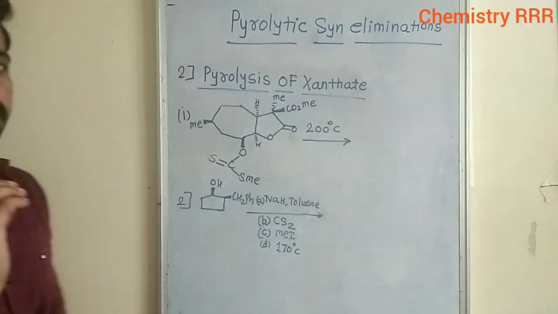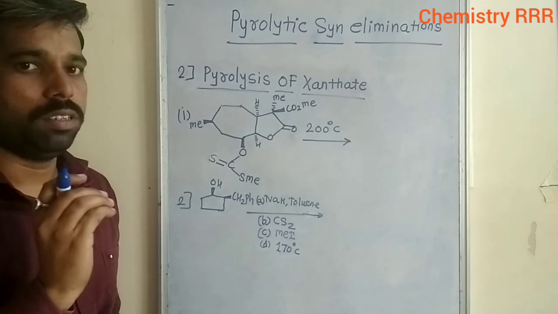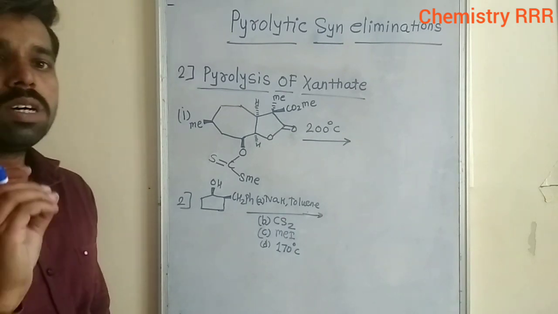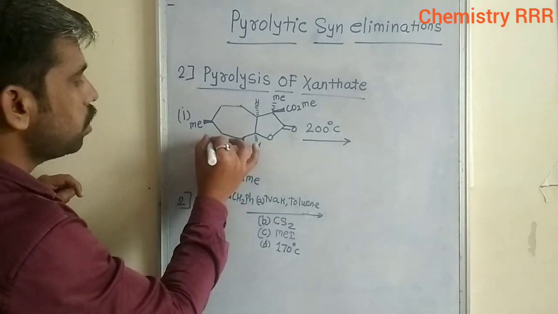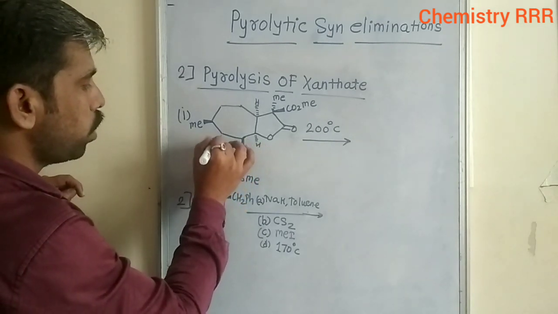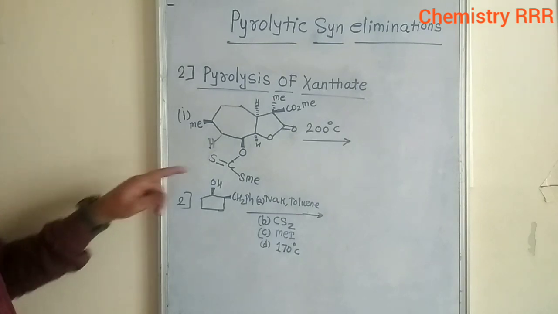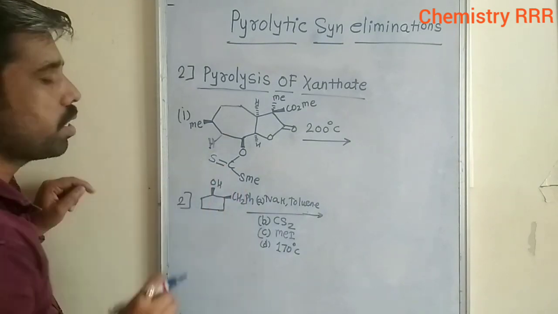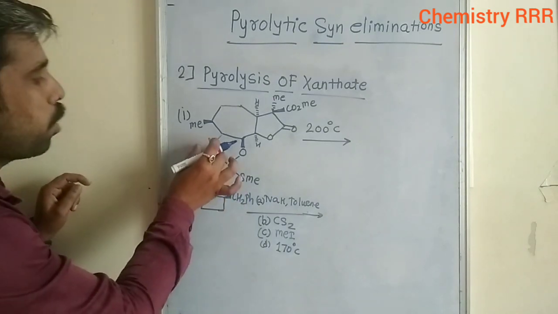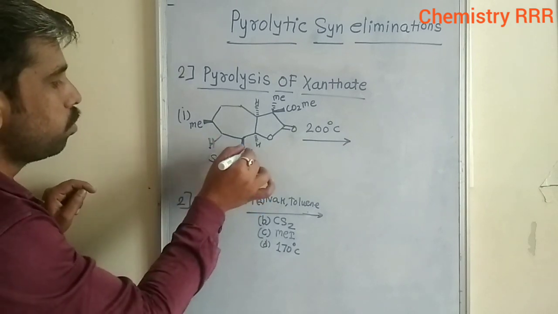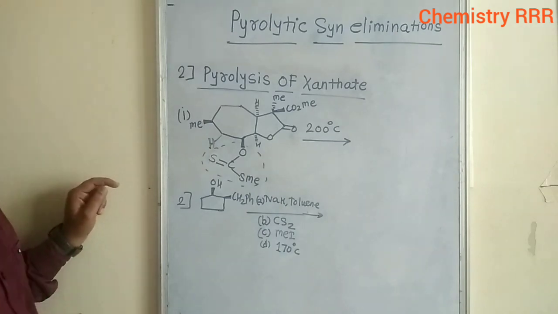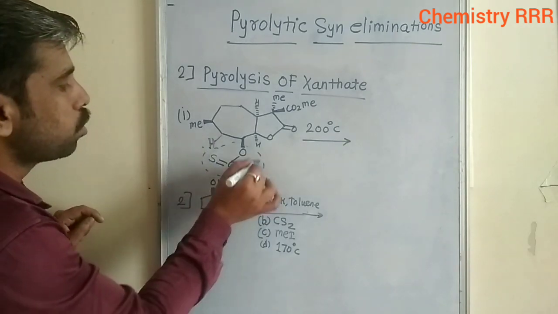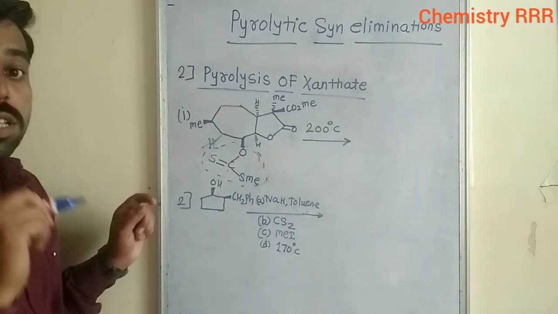Okay, you know the condition for the syn pyrolytic elimination. The first condition is there must be at least one beta hydrogen. Now the second condition is that the beta hydrogen and the eliminating group, in this example this is the eliminating group, must be cis to each other.